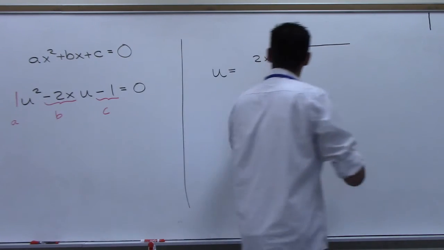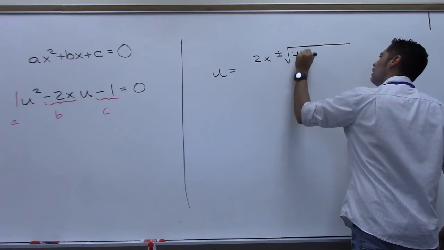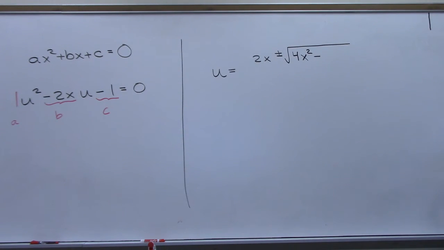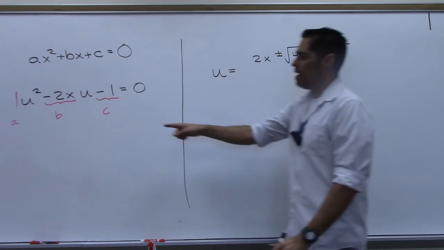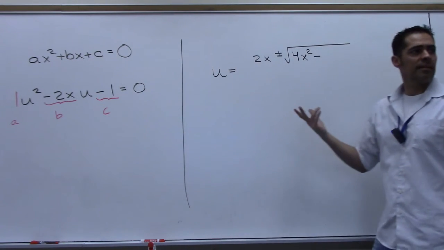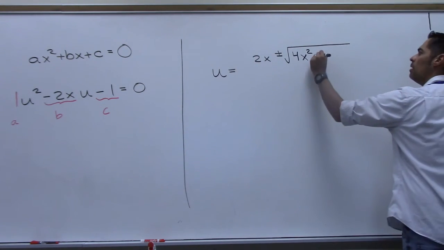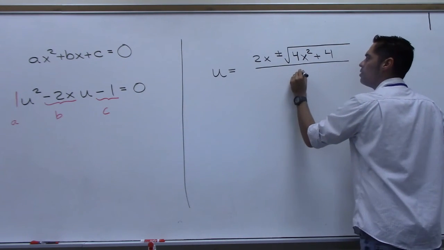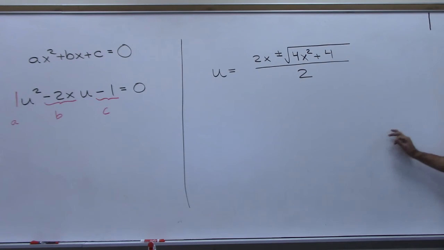Yes? Minus 4 times a times c. 4 times a times c, so negative 4, but we're subtracting it, so plus 4, all over 2. Yeah? Y'all see that?